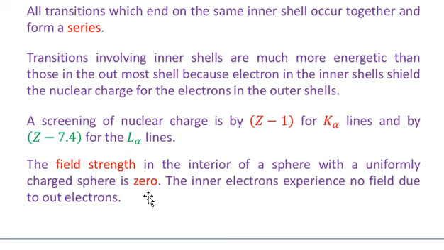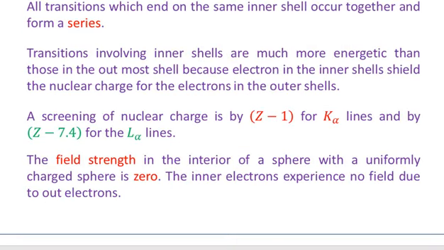That is, for example, if the electron is in the K shell, then the field at the electron in the K shell due to the electrons present in the other shells, for example in the L shell, the M shell, the N shell, etc., is 0. So the field at the inner electrons due to the outer electrons is 0. The inner electrons experience no field due to the outer electrons.